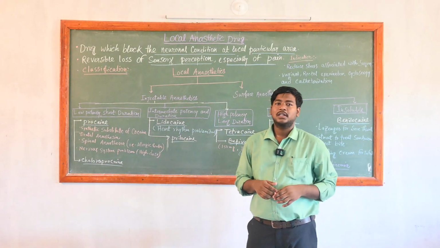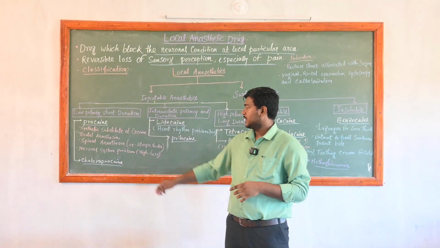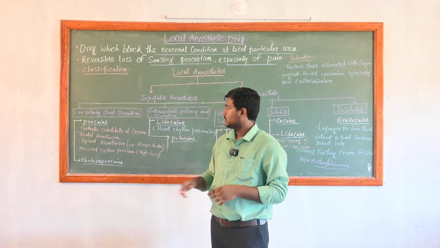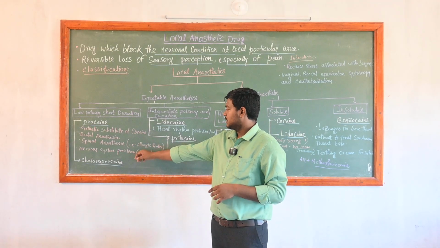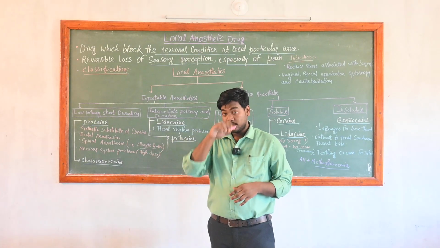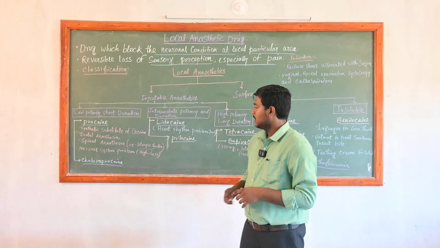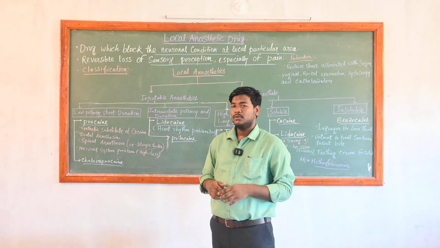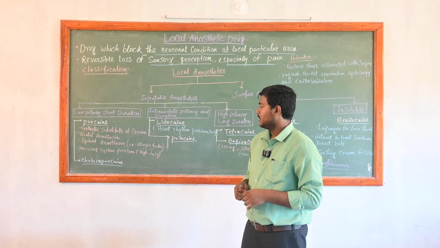That means for any types of treatment or examination in the spinal cord we use these types of anesthesia, but Procaine is not used for spinal anesthesia because it has some allergic reaction which is harmful to our body.